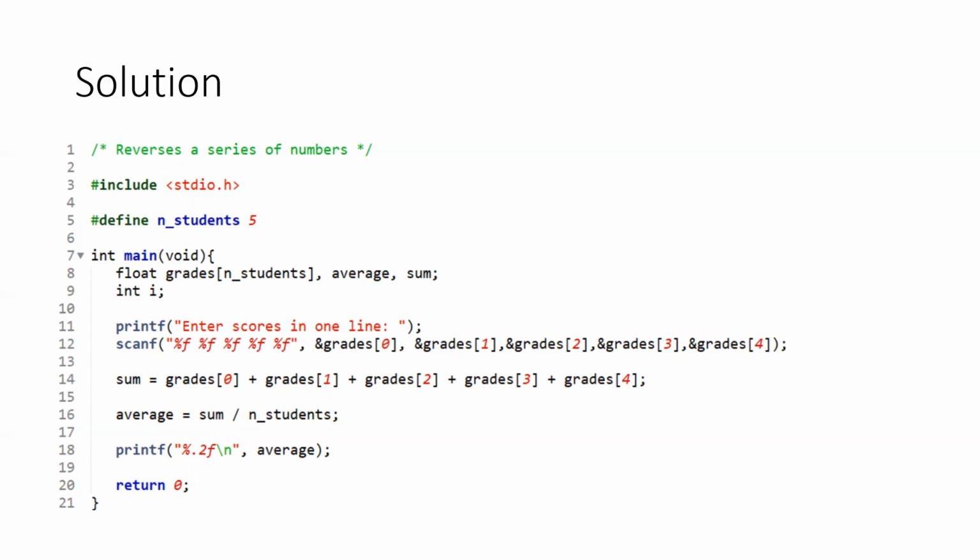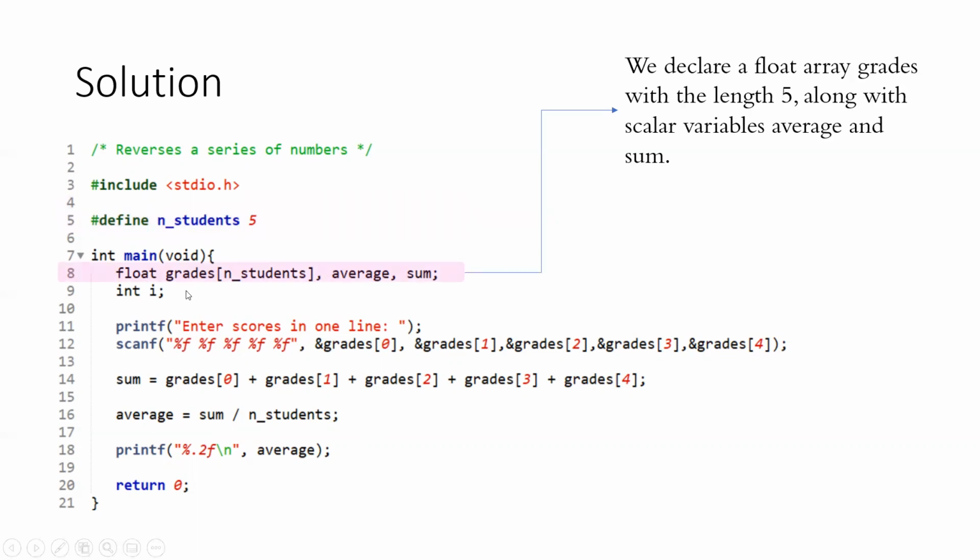Going back to our previous example, we wanted to compute the average of an array of grades. We declare an array grade with type float along with its length, which was defined with a value of 5, and then the other scalar variables like average and sum.